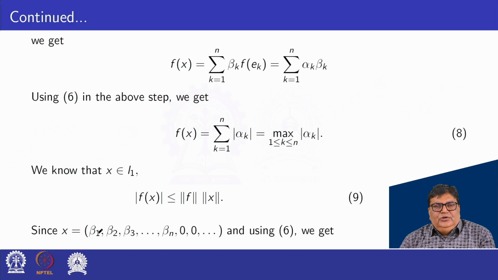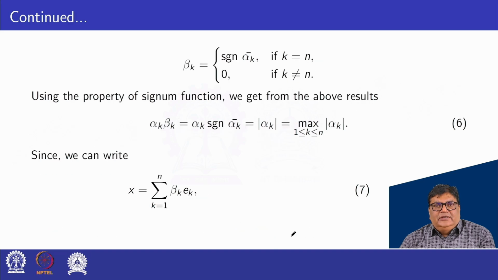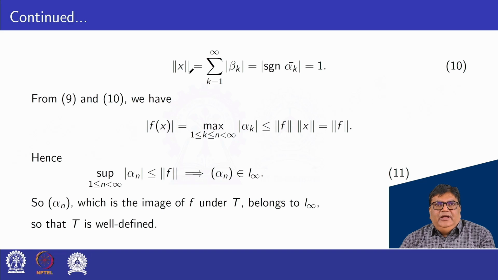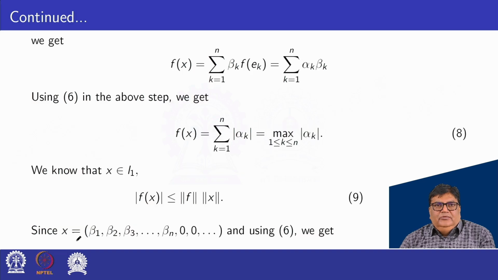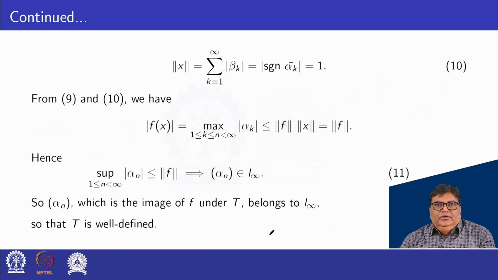Since x is equal to beta 1, beta 2 and so on, beta n, 0, 0 and so on, and using equation 6, we get norm x equal to summation k is equal to 1 to infinity mod beta k, because here vector x defined this way: beta 1, beta 2 and so on, beta n, 0, 0, 0. So norm x equal to summation k is equal to 1 to infinity mod beta k.